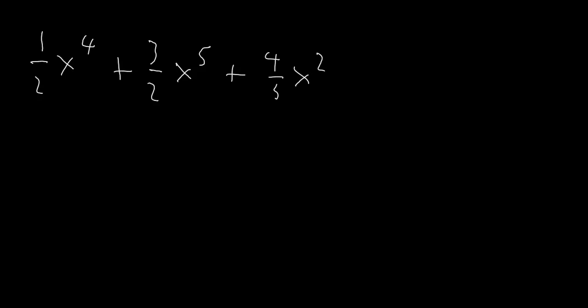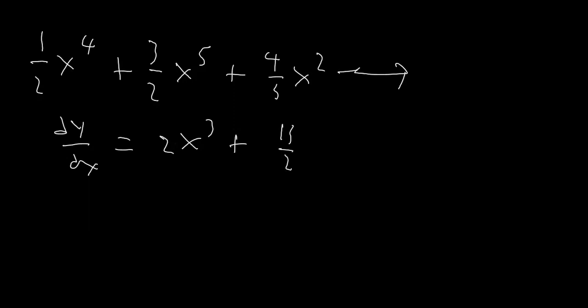So the derivative is just equal to, well, 4 times 1/2 is just 2, and then 4 minus 1 is just 3. Plus 5 times 3/2 is just 15 over 2, and then 5 minus 1 is just 4.